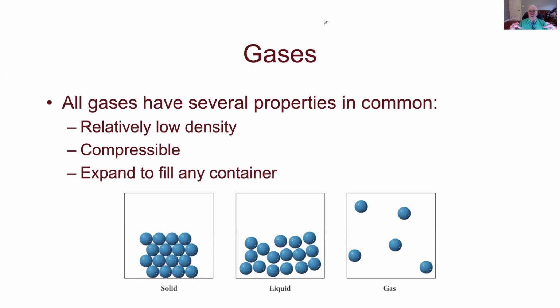It's compressible because if there's that much space between molecules, if I squeeze it a bit, I can just reduce the space and the molecules won't really mind because they still have lots of room, right? So all those properties that gases have in common make sense in terms of the way that the matter is actually arranged if we go down to the molecular scale.